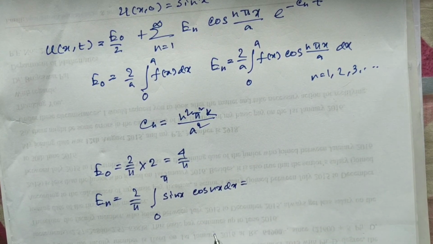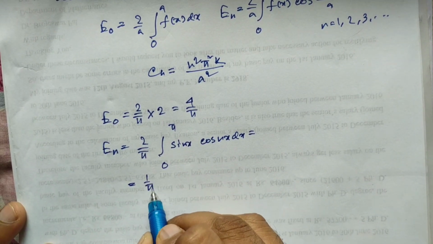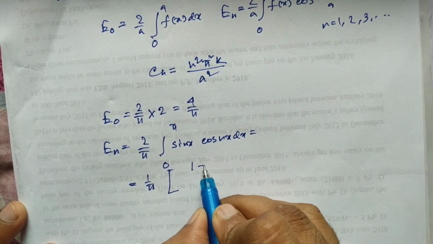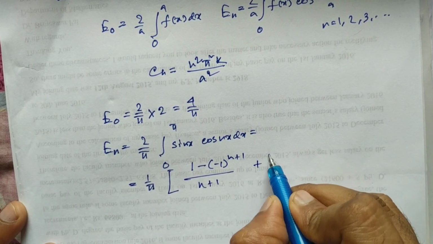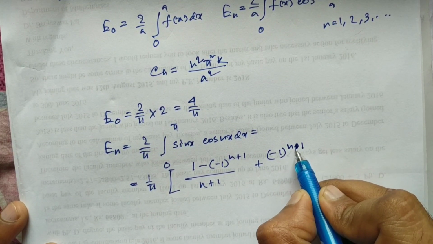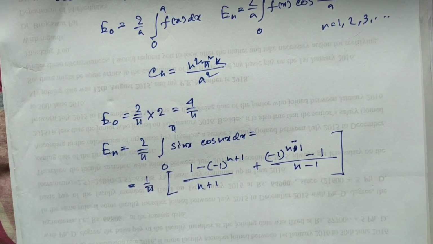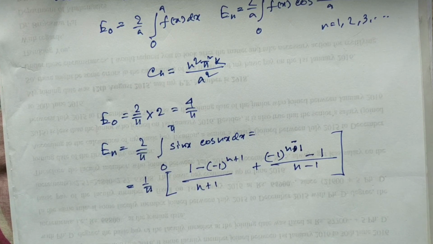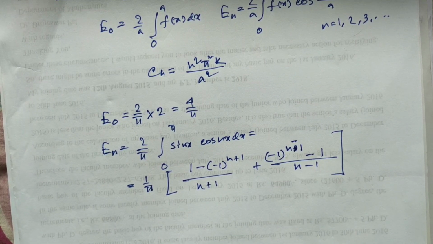This result terminates into 1 over pi, 1 minus (-1) to the n plus 1, rather this is n minus 1 minus (-1) to the n minus 1. Now if your n is an odd number, that is if you write it as 2m minus 1, where m is equal to 1, 2, 3, etc., then your en is equal to 0.